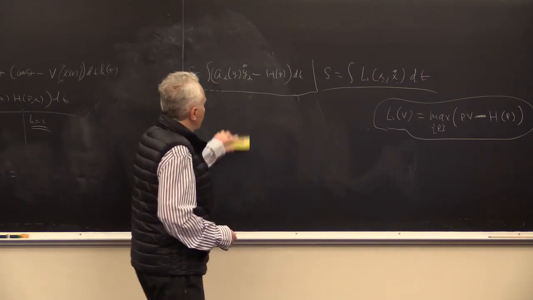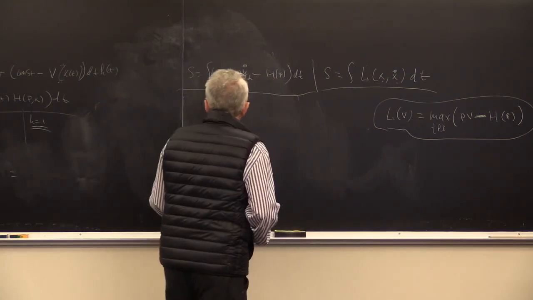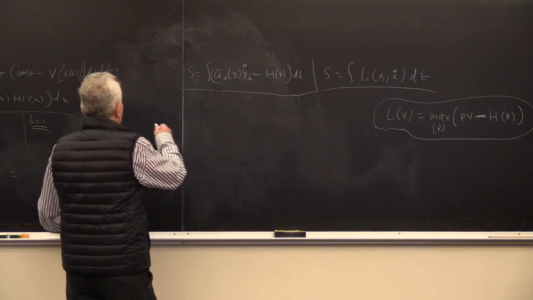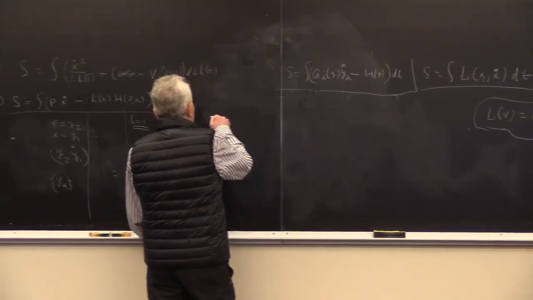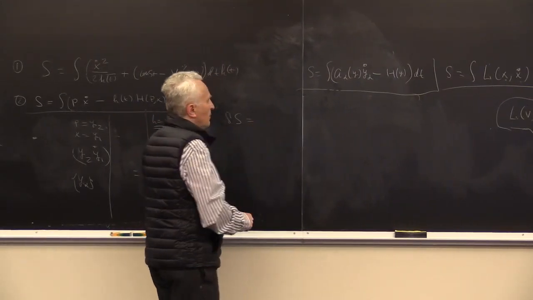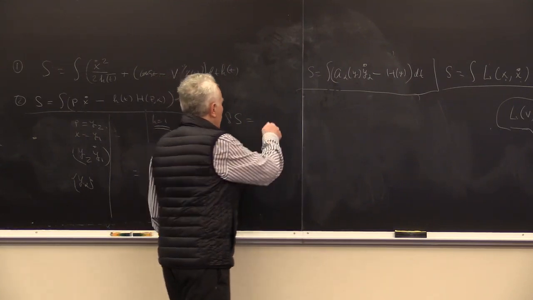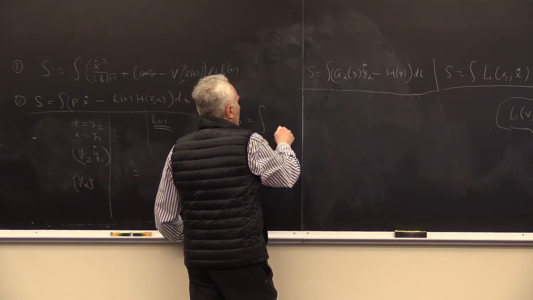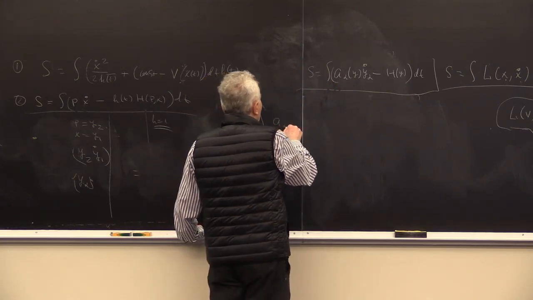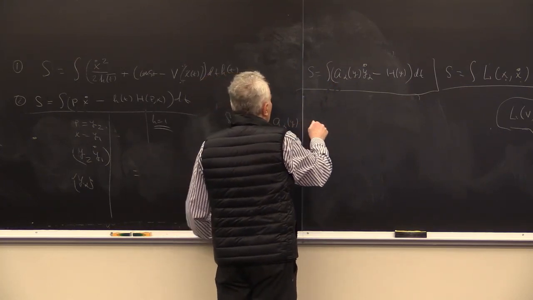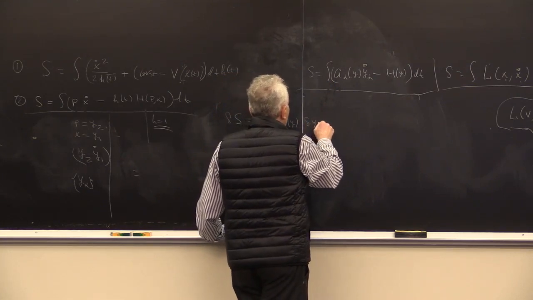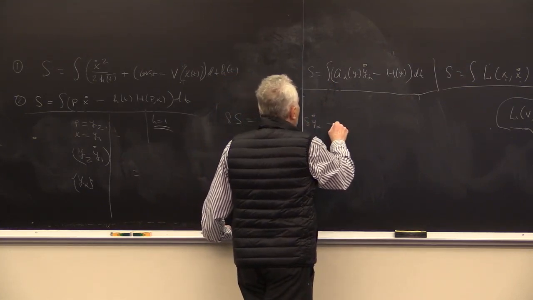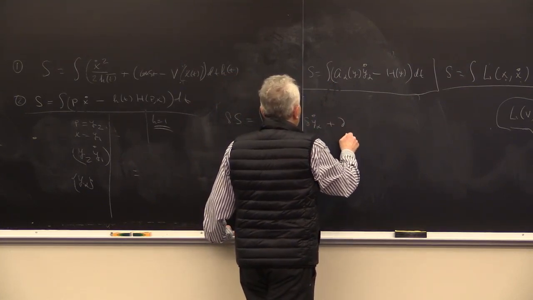And let's do a small calculation, which will be useful for us, as I said, in many cases. Let's do the variation of this action. We have a alpha y delta y alpha dot plus d.